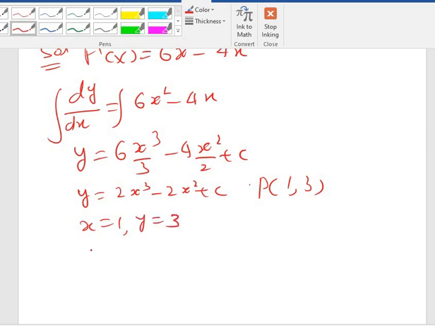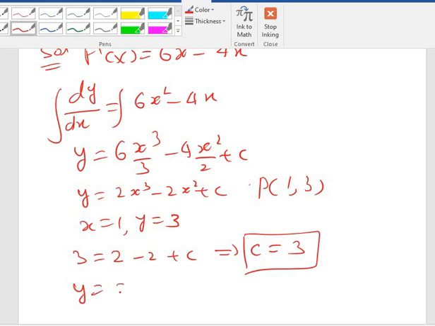Here you will get the value of c. So 3 equals 2 minus 2 plus c, so c is equal to 3. So the answer is y is equal to 2x power 3 minus 2x square plus 3. This is the answer of question number 9. Hopefully you people understand that question.